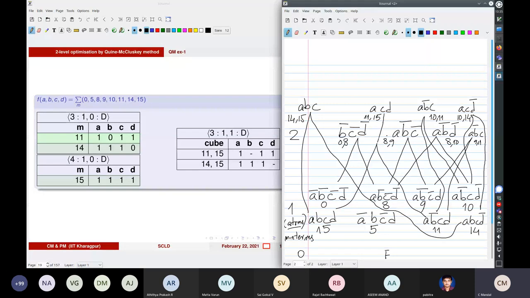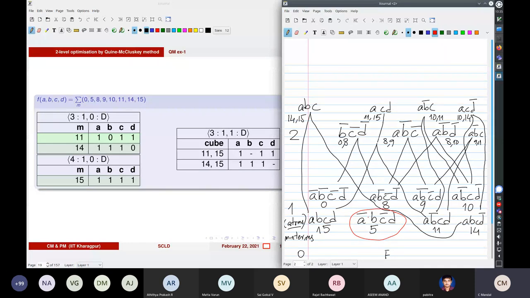So what you find is that it's useful to circle this one. This one hasn't joined with anything, right? A bar, B, C bar, D. Of course, we'll now try to join some of these and get bigger cubes.